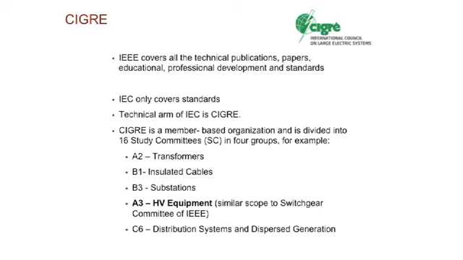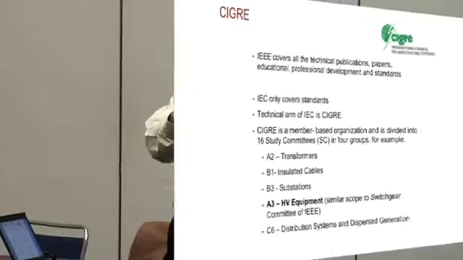They provide technical expertise or technical consultation to IEC about technical subjects that are the basis of writing a standard. A standard says, you need this and this, and you have to test it like this and this. SIGRE justifies on the technical side why this might be or is important, or why this should be in the standard.